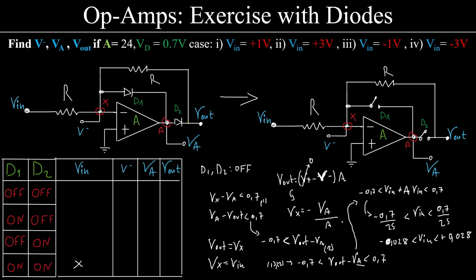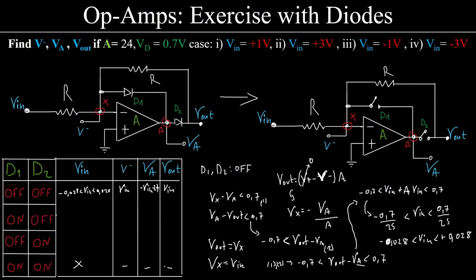This tells me that when Vin is between these two very small values, both diodes will be off, and Vx will be equal to Vin, Vout will be also equal to Vin, Va will be equal to 24 times Vin with a minus sign.